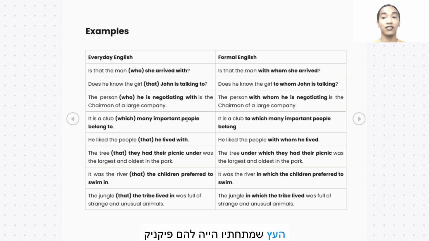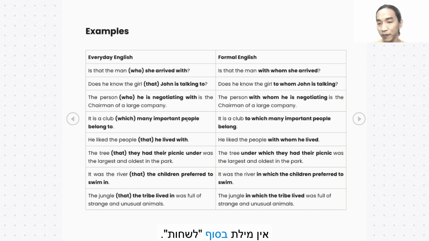The tree under which they had their picnic was the largest and oldest in the park. It was the river that the children preferred to swim in. It was the river in which the children preferred to swim.